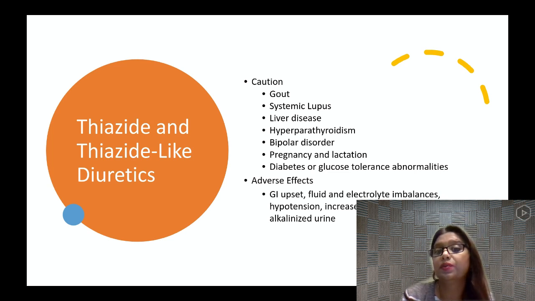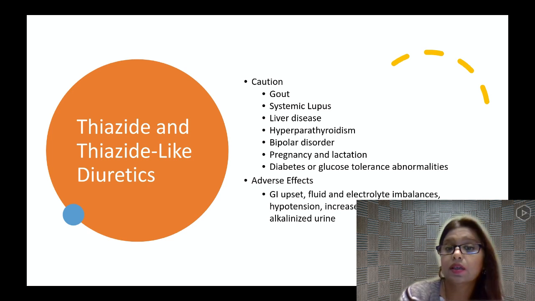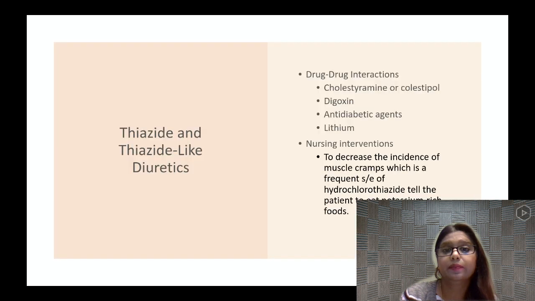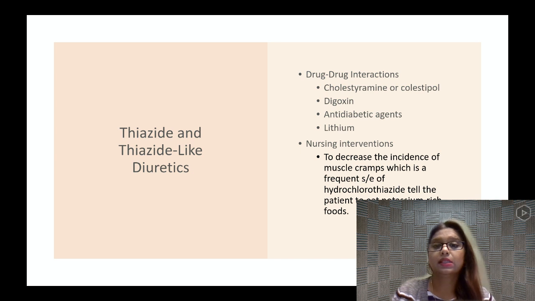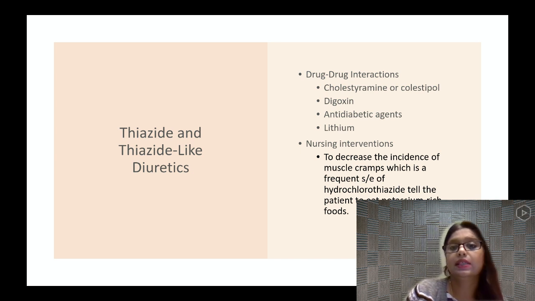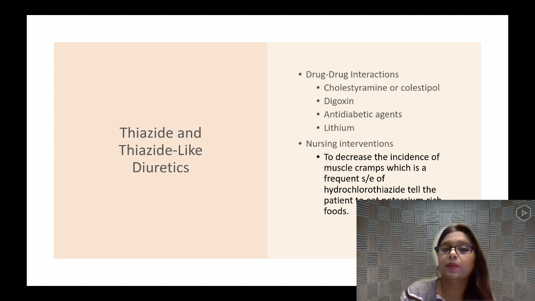They have a tendency to reduce patients' blood pressure, and they might increase blood sugar levels, and we want to check all of that. Drug-to-drug interactions: we might want to check with the physician if a patient is getting lithium, anti-diabetic agents, digoxin, or cholestyramine.